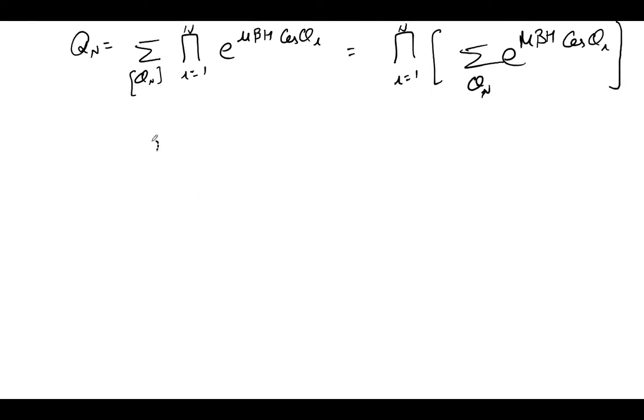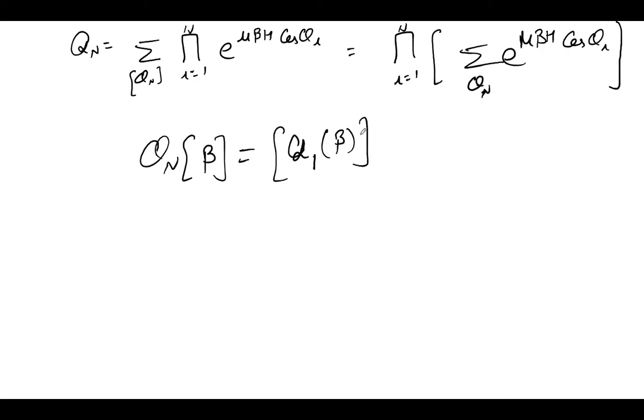Or we can also write down the partition function of all those n identical magnetic dipoles present in the ensemble as Q1, the partition function of one dipole, raised to the power n.